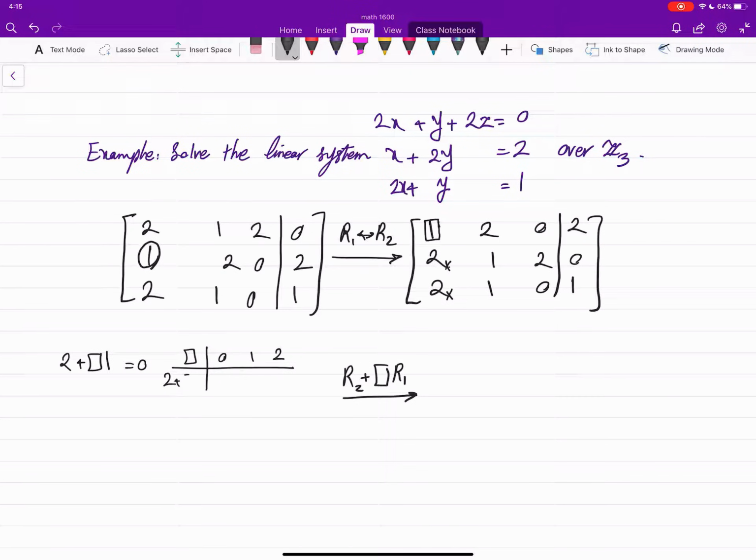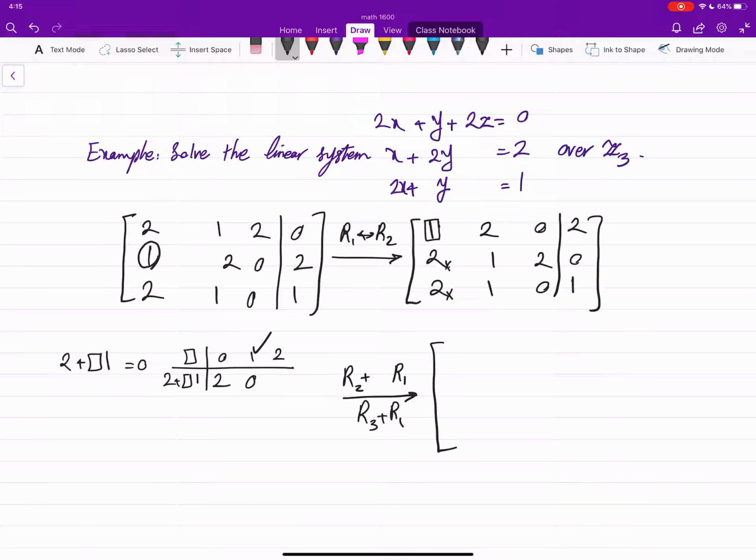Then 2 plus box times 1: 0 times 1 is 0 plus 2 is 2. 1 times 1 is 1 plus 2 is 3. 3 in Z3 is 0. That's what we need. So we will just add. And also we want to do exactly the same thing with R3.